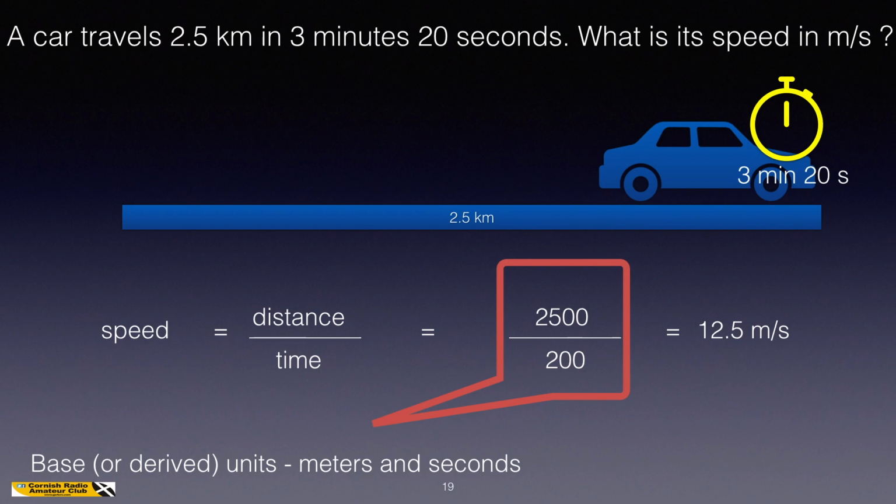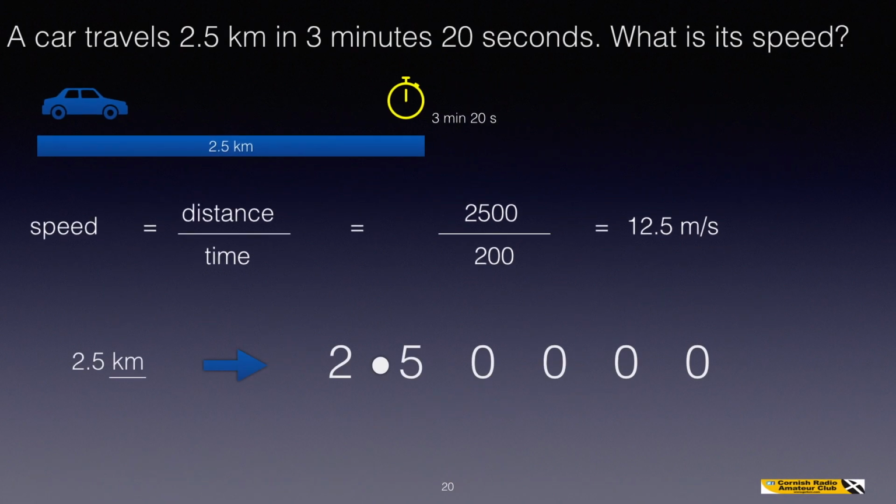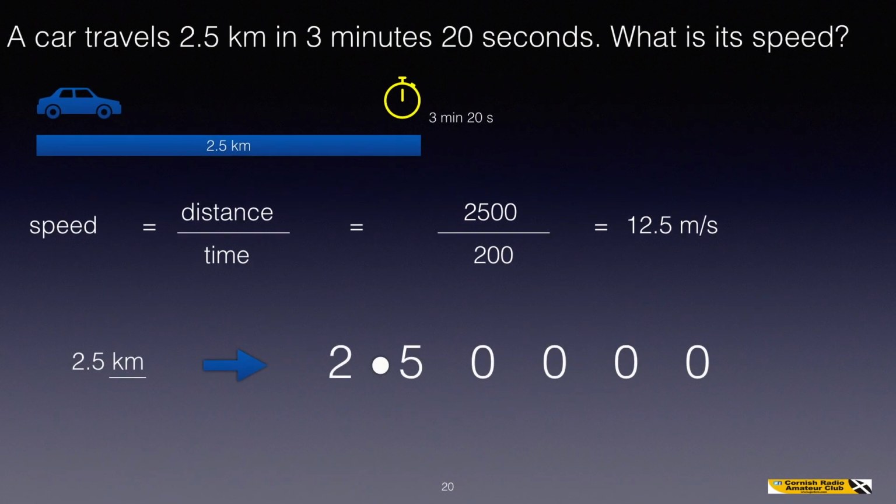Now, how did we do that? Let's have another look at it again. Still the same calculation. Looking at that 2.5 kilometers there, we can write it as 2.5 and as many zeros as we like afterwards. That doesn't change anything. And simply we go 1, 2, 3 hops to the right, and 2.5 kilometers becomes 2,500 meters.